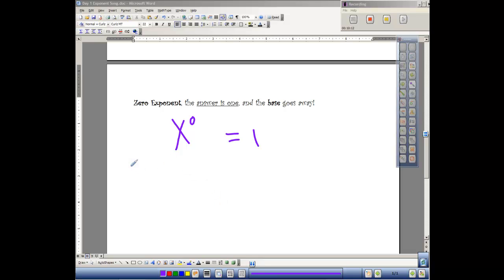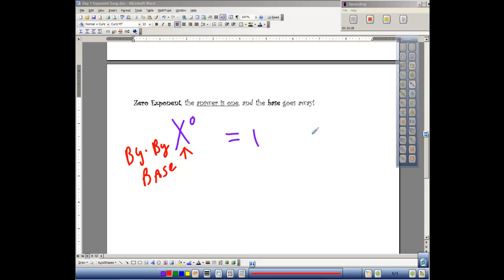The base goes away. Bye-bye. So this just goes away. And when I have an exponent touching whatever variable or number, it goes away. The answer is 1.